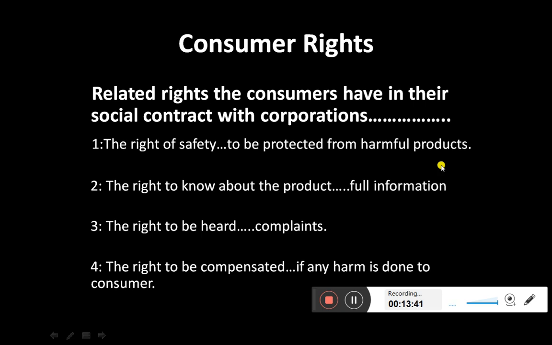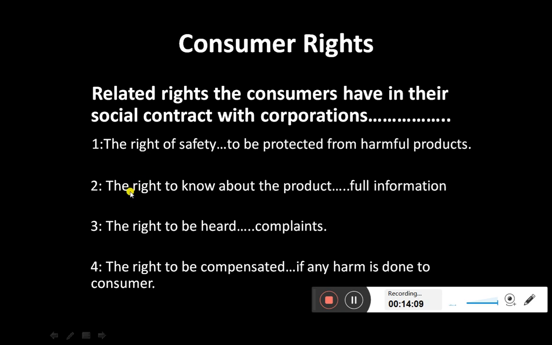Whatever the harmful information is, they provide each and every aspect of information to the customer just to keep them away from harmful symptoms. This right of the consumer is simply known as the right of safety. It means that they must be safe. The organization must provide safe products to the consumer.